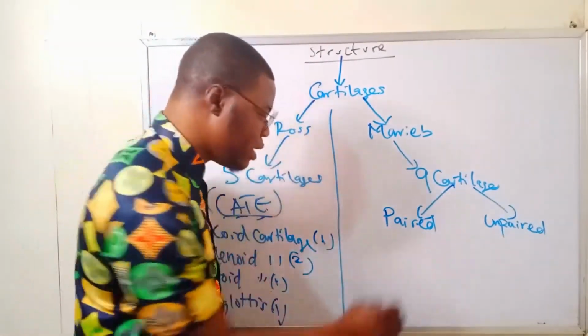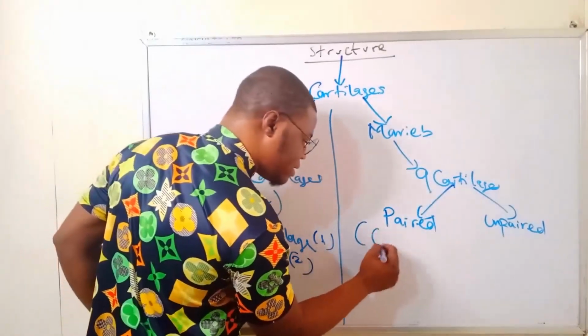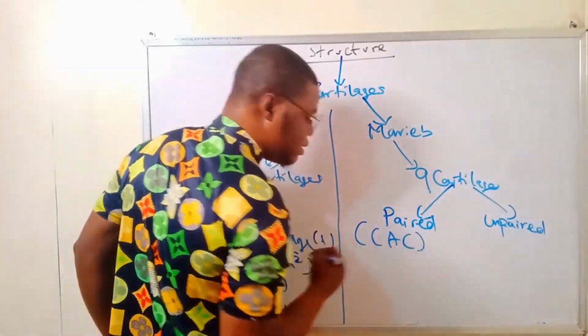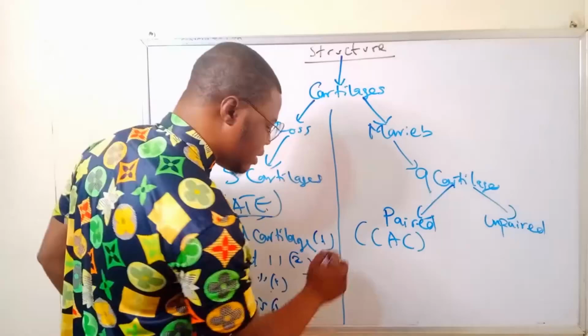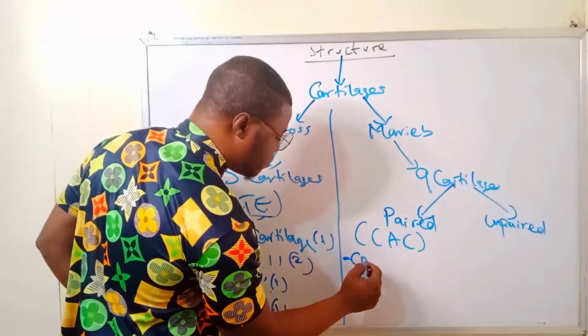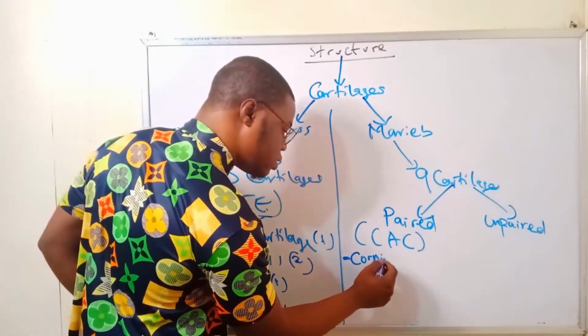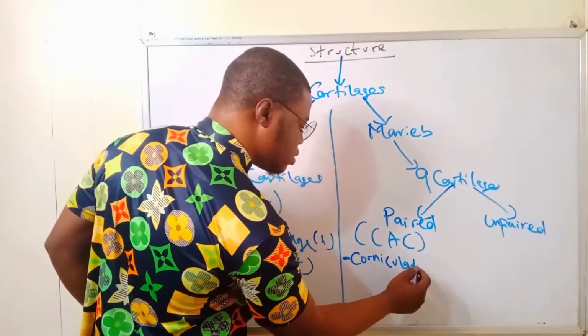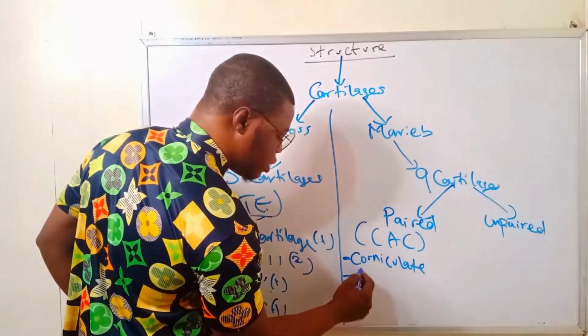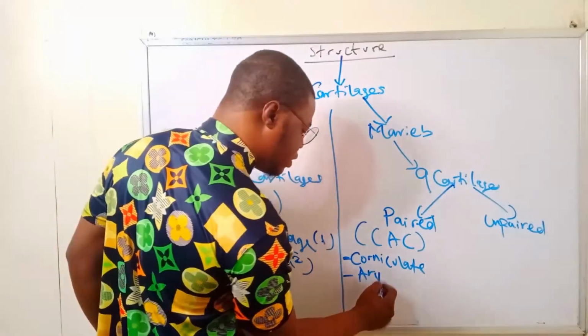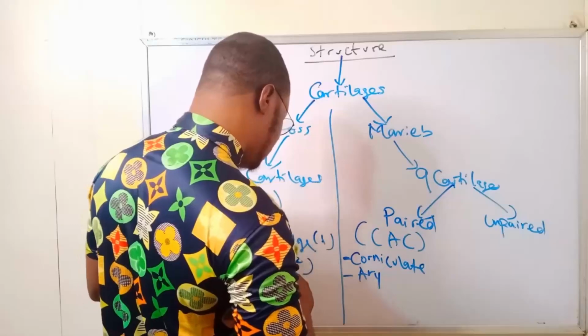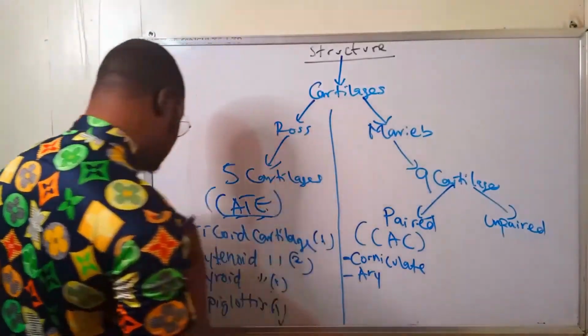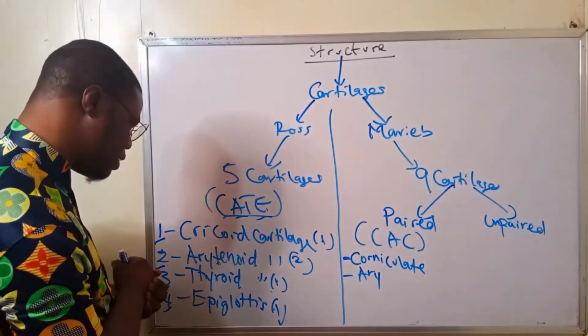The acronym for this is CAC. The first C is cuneiform, or you can say corniculate. Corniculate. The A is arytenoid. I'm sorry, it seems I have made a big mistake right here.